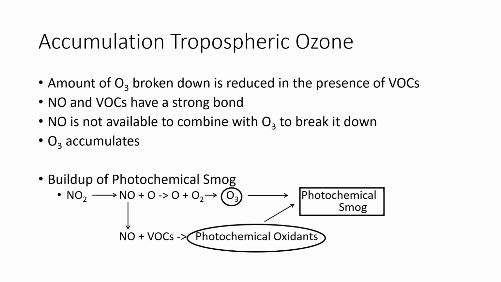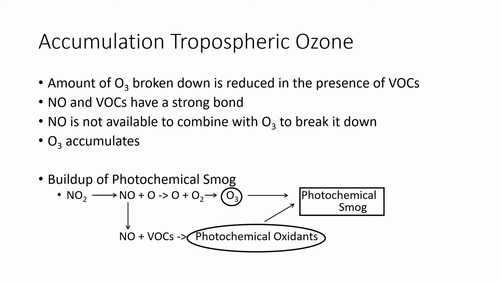Or hydrogen peroxide is another photochemical oxidant. All depending on what is available in the atmosphere, you have nitrogen oxide and VOCs coming together to give you photochemical oxidants. That nitrogen oxide is not available to break down the ozone, so the ozone gets built up, and together those photochemical oxidants and the ozone are what photochemical smog is made out of.